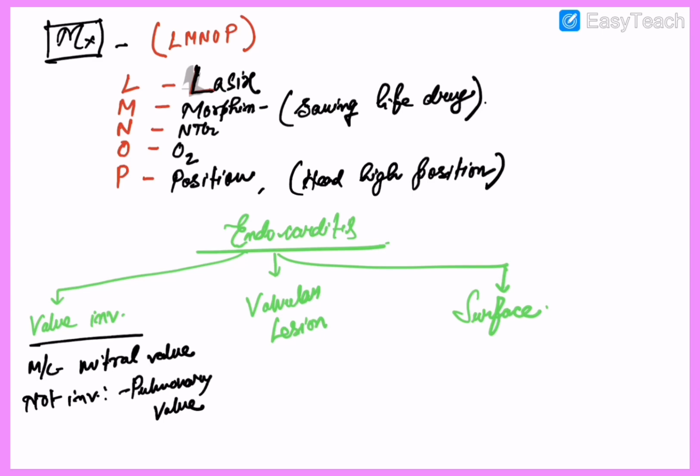Under valvular lesions, a 5-year-old child with rheumatic heart disease has mitral regurgitation.